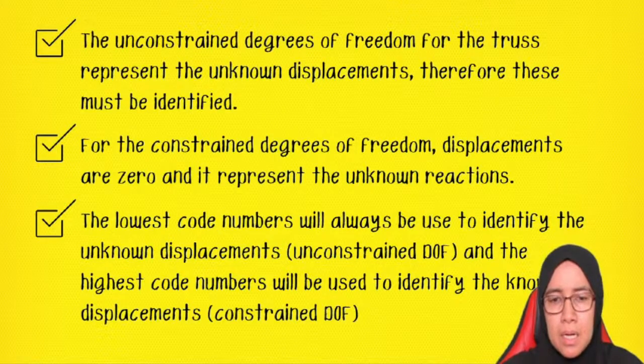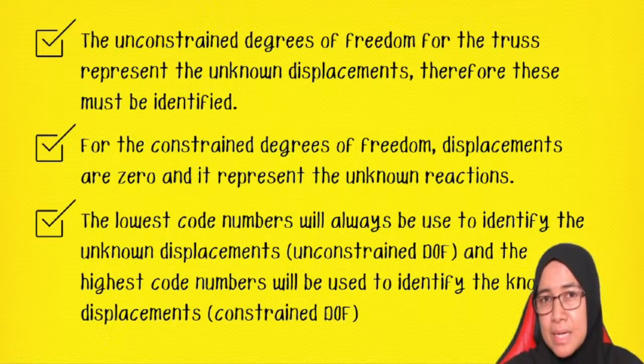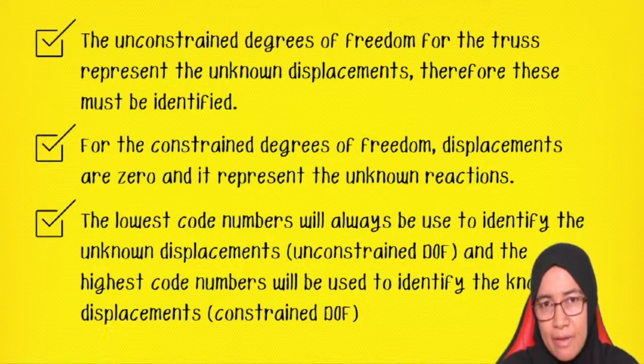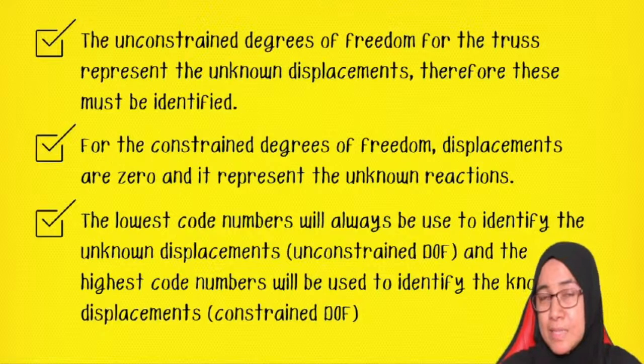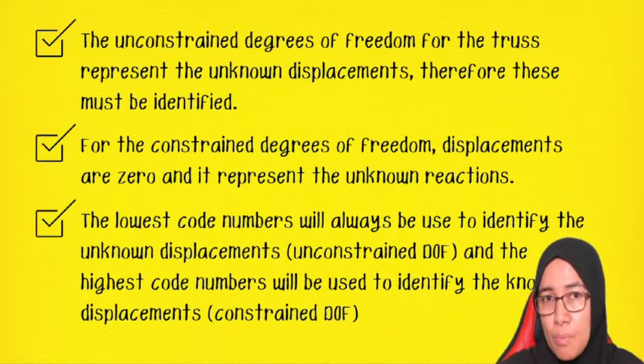Yesterday I explained about unconstrained degree of freedom, where there are unknown displacements. It means that degree of freedom itself refers to displacement. It is a displacement component that represents the unknown displacement, and it must be identified.